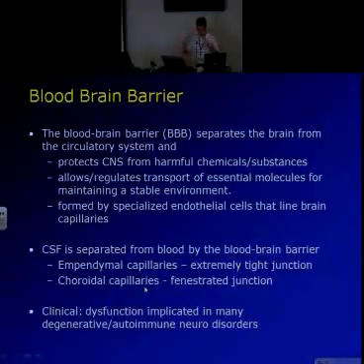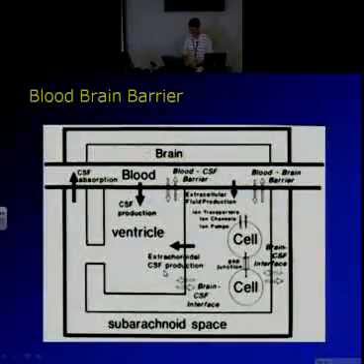But at other areas, obviously there are blood vessels outside, and these ependymal cells throughout the ventricles, etc. And it's the formation of that wall, the ventricular wall, that tightness also creates a blood-brain barrier, if you will.